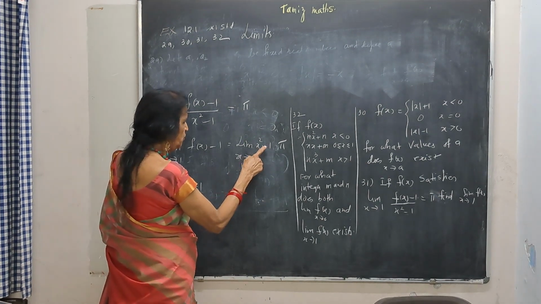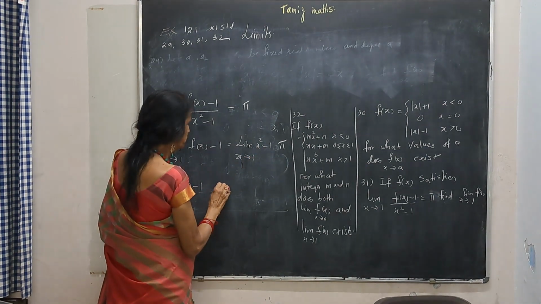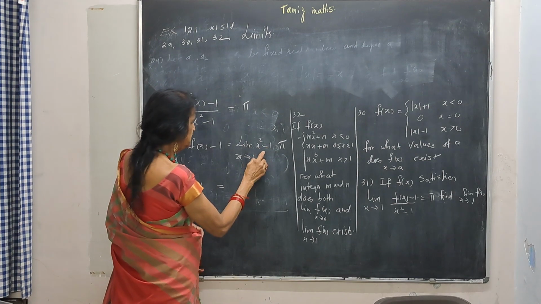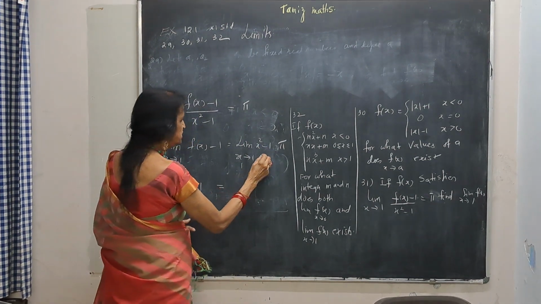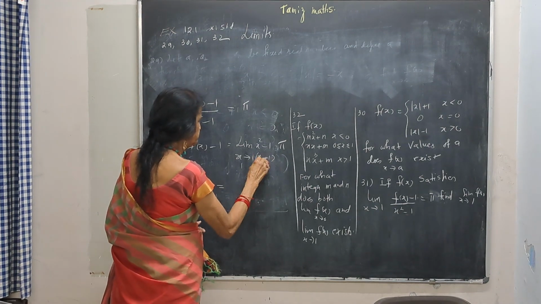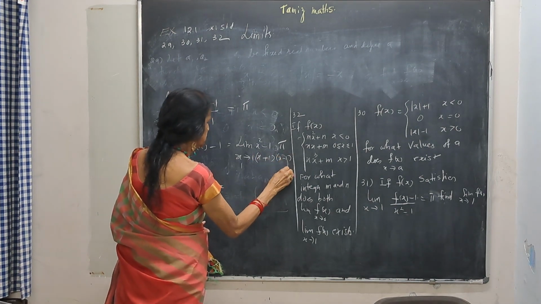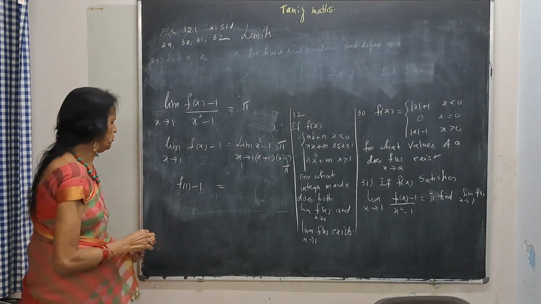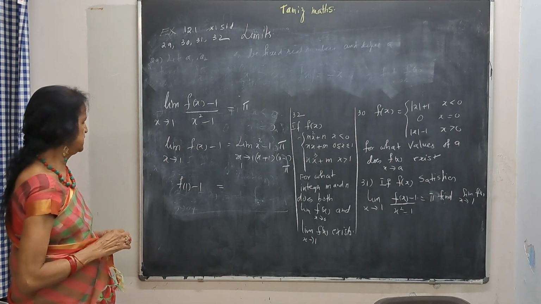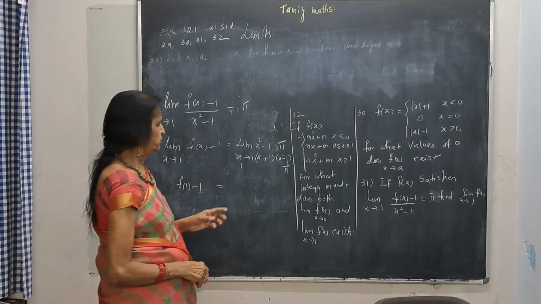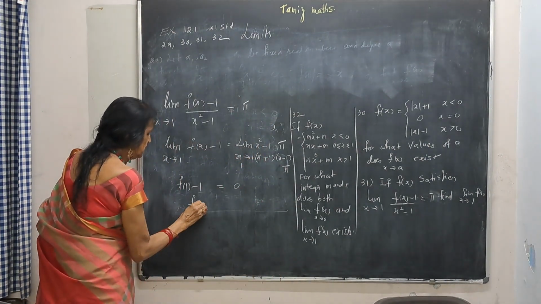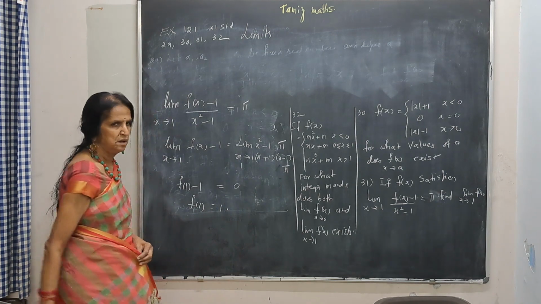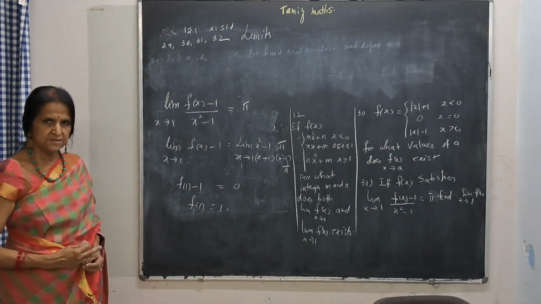Put 1 here, 1 minus 1 is 0. So you will have here (x plus 1) into (x minus 1) into pi. You are going to put x equal to 1, so this will become 0. When this becomes 0, what will be f(1)? f(1) will be 1. I hope you understand this.